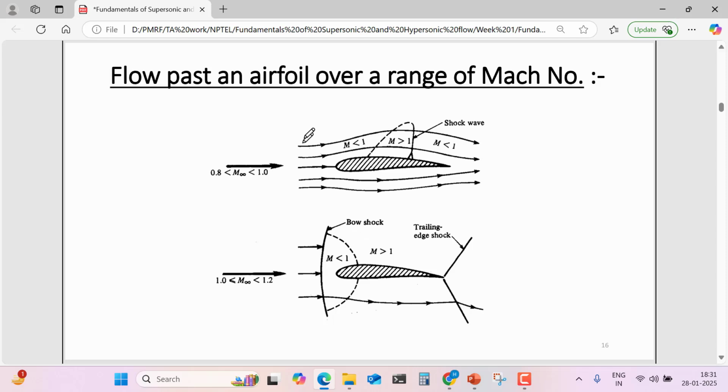Okay, then I will talk about the flow past an aerofoil over a range of Mach numbers. Let's say this is the aerofoil, and the flow is near Mach number 1.